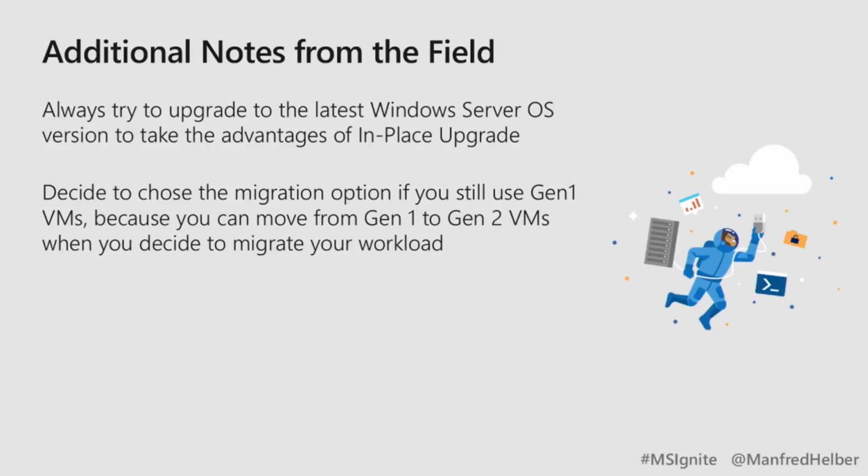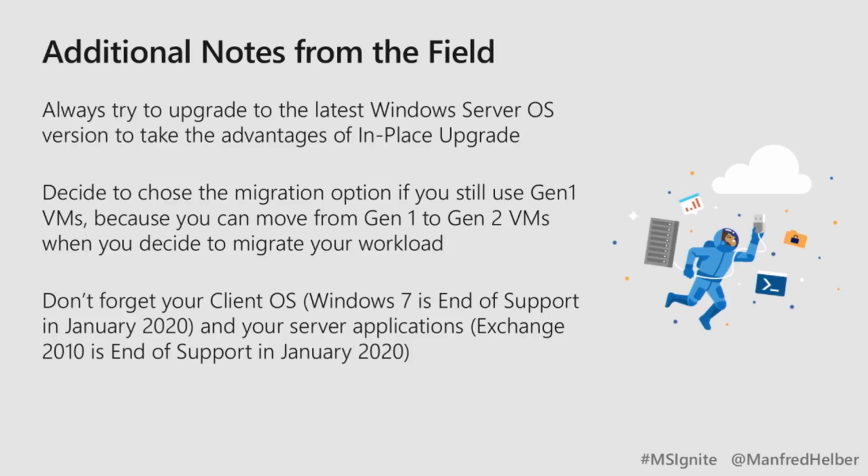It's not so easy to switch from Generation 1 to Generation 2. There are tools, you can do it, but you could think about the migration as an advantage. Also think about your clients and your server applications. Windows 7 is end of support in January 2020, and also Exchange 2010 is end of support in January 2020.